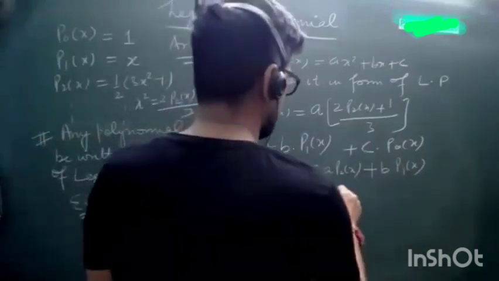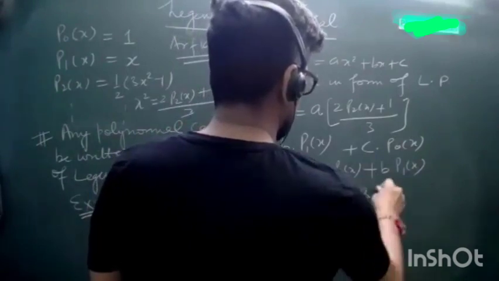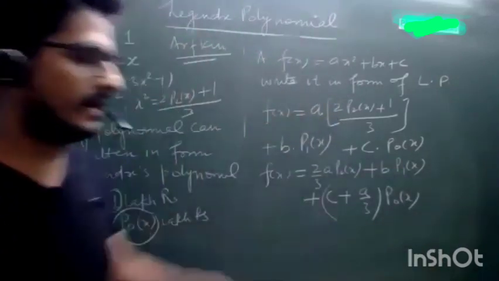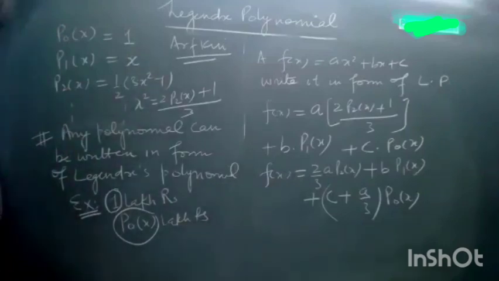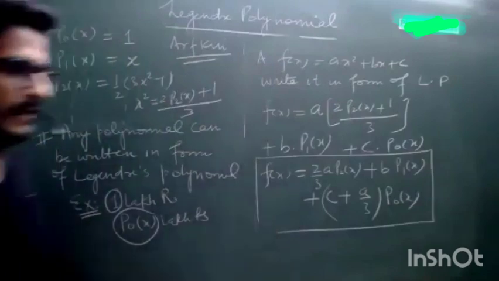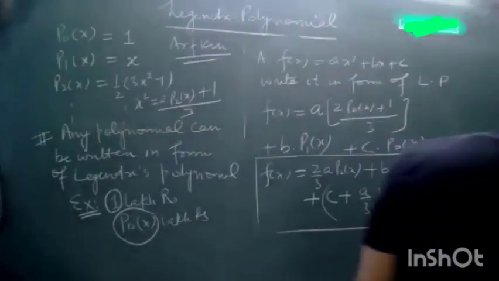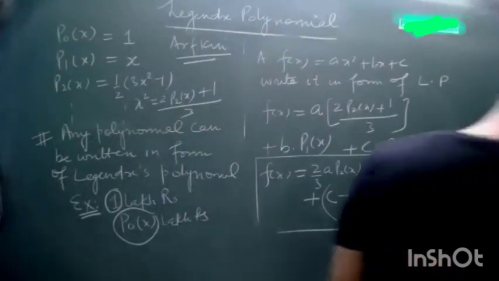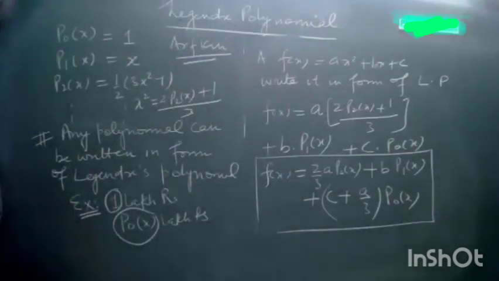What is the coefficient of P0? c plus a by 3. So this is a 3.5 mark question, a NET question. This is how we have written the function in the form of Legendre polynomials. Please see this, and if there is any doubt, feel free to ask.